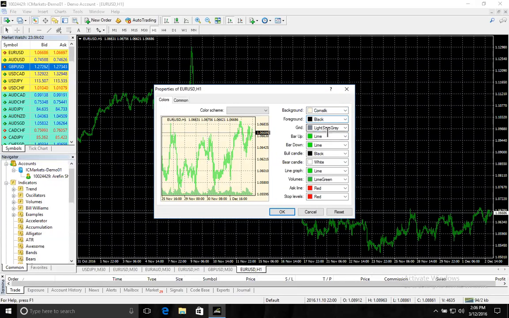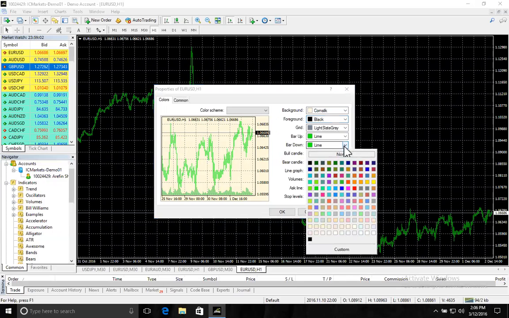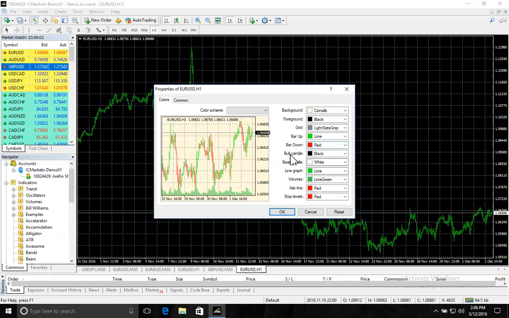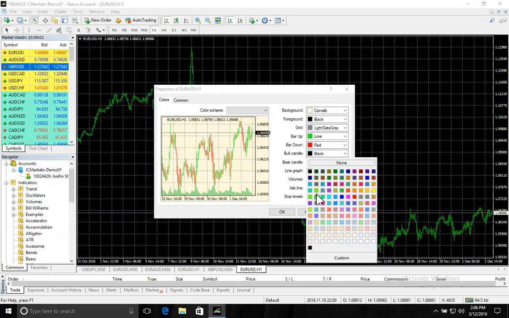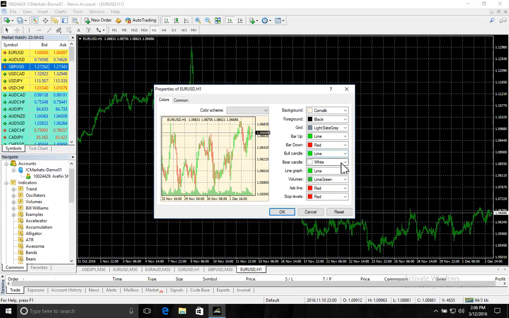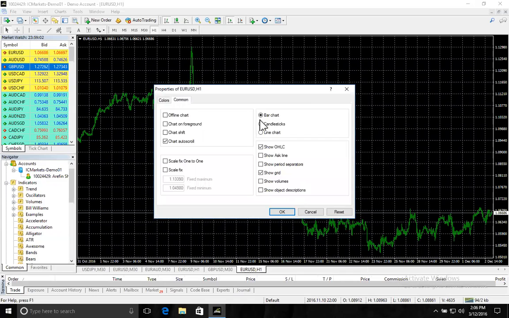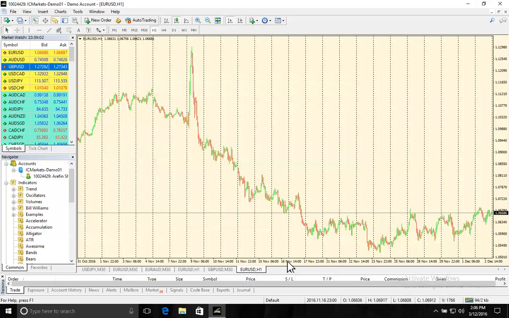You leave the grid as light gray. Bar up lime, bar down is red. Bull candle is lime. Bear candle is red. You leave everything else as it is. Common, choose from bar charts to candlesticks. Show ask price. Remove show grid and click on show period separator. And that's it. Now you got the same as mine.